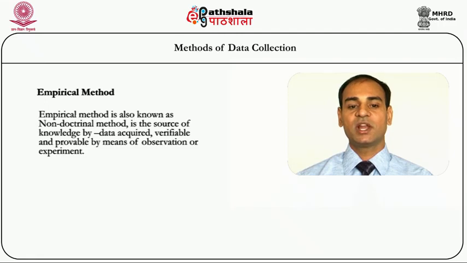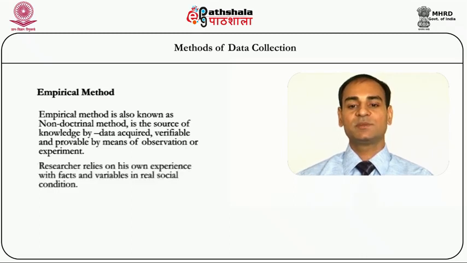It is the source of knowledge by data acquired, verifiable and provable by means of observation or experiment. The researcher relies on his own experience with the facts and variables observed by him in real social conditions.